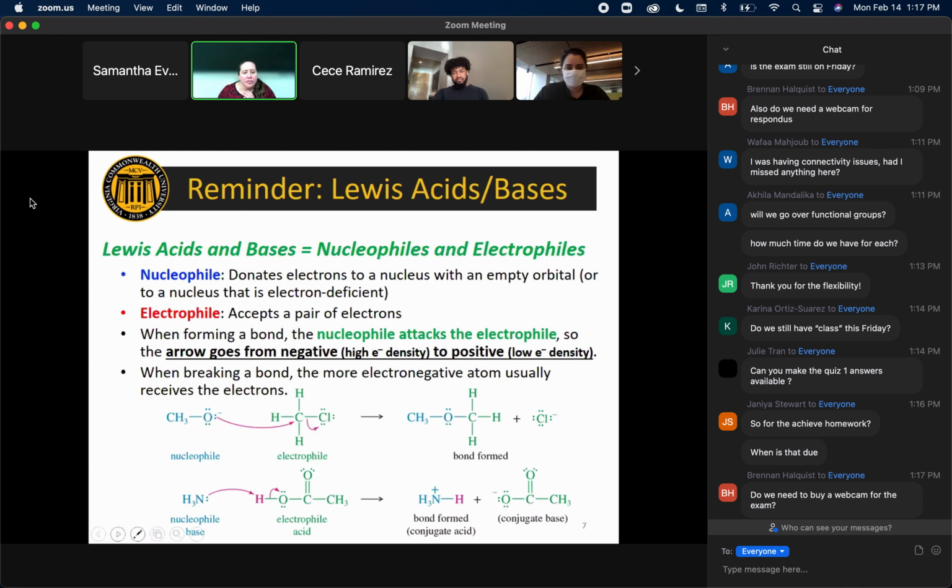Regarding the curved arrow formalism, this slide is from the video that I had posted. It's a reminder about what Lewis acids and bases are. A Lewis acid is something that accepts a pair of electrons, and it can also act as an electrophile.